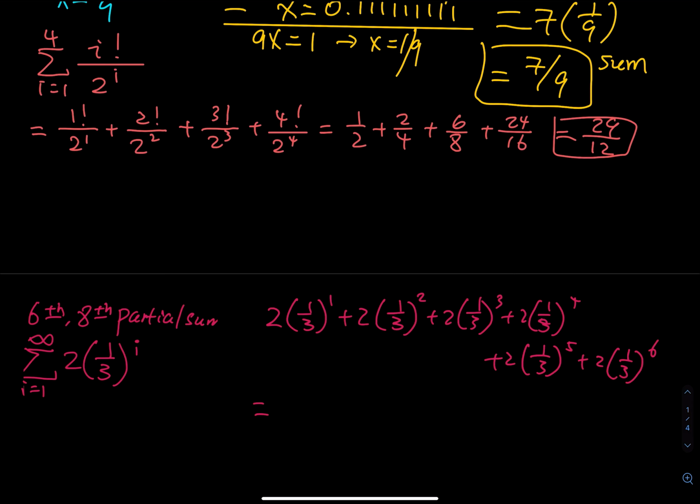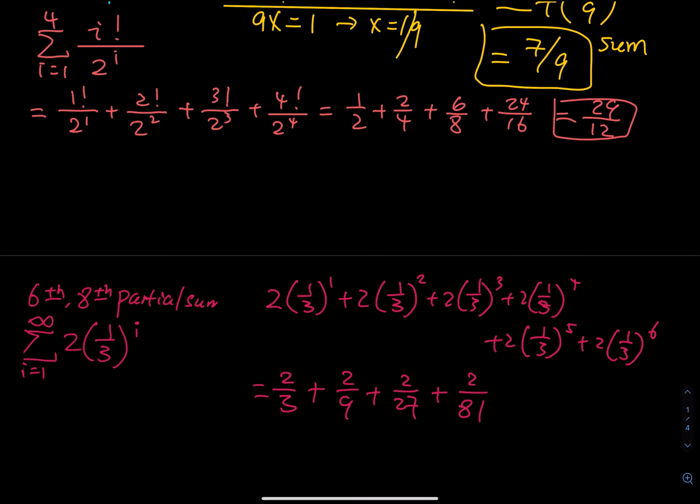So this is 2 over 3 plus 2 over 9 plus 2 over 27 and then plus 2 over 81 and then plus 2 over 243 and then plus 2 over 729.